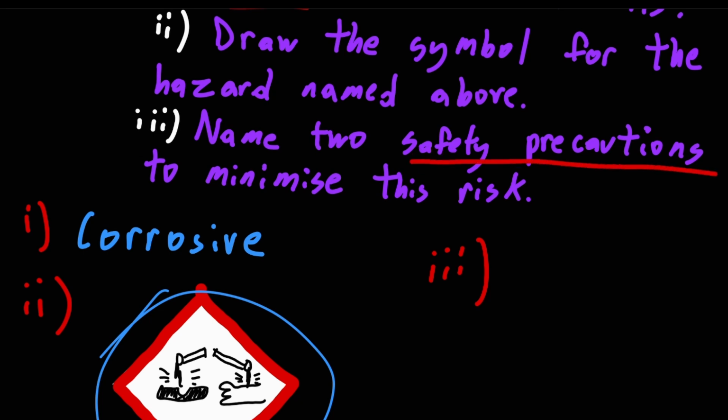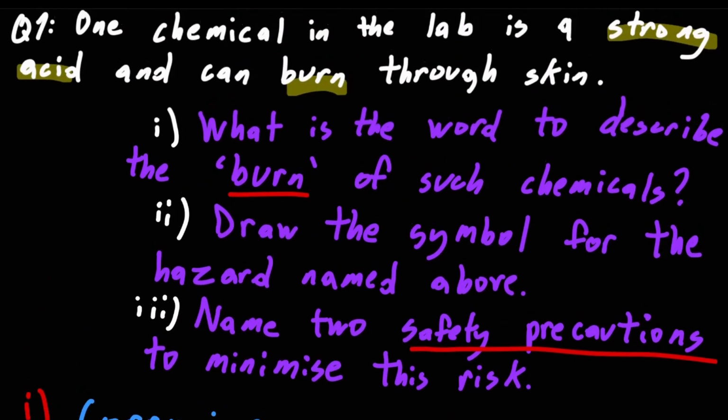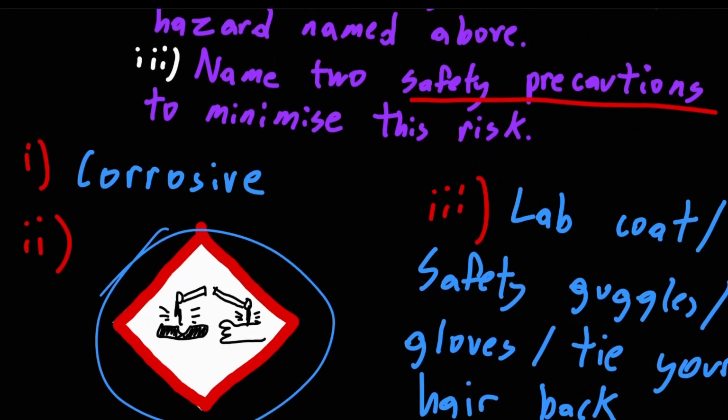So we can name either of our 4, which would be lab coat, safety goggles, gloves, or tie your hair back. And any 2 of those 4 answers will give you full marks. So these answers mean we have a perfect answer to this question.